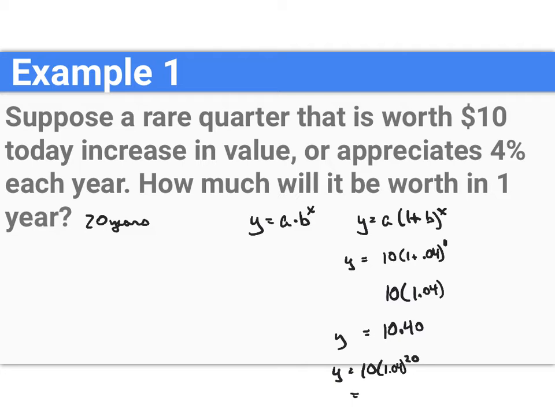You type it just like it's written: 10, parentheses, 1.04, close the parentheses, caret 20, and then hit enter, and you get 21.91. So a $10 investment would double in 20 years. That may not seem like much, but the more money you have, the more it would increase by. So that is that type of problem.